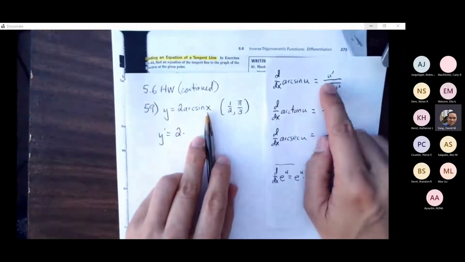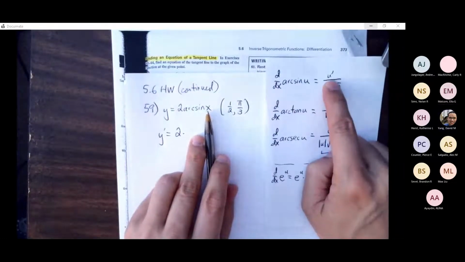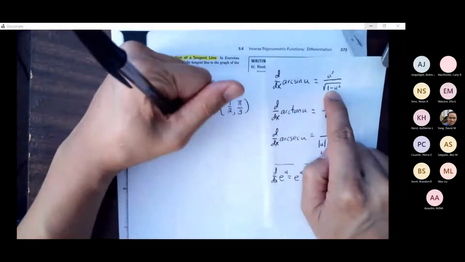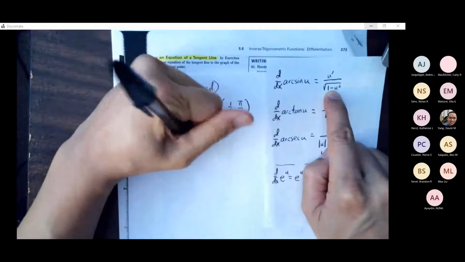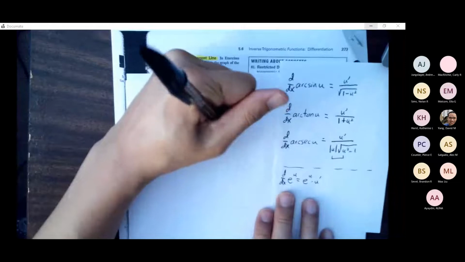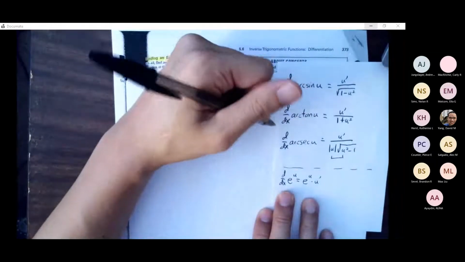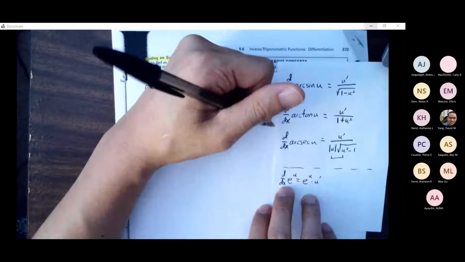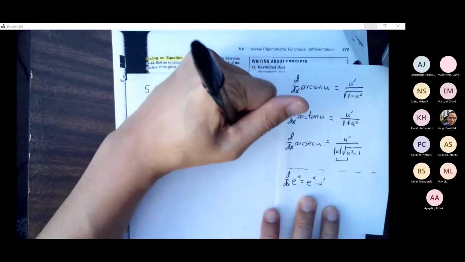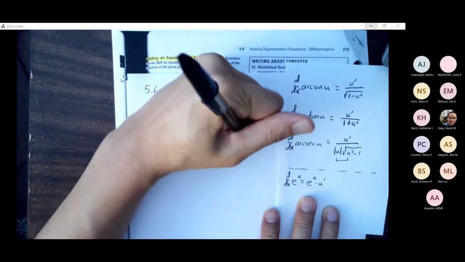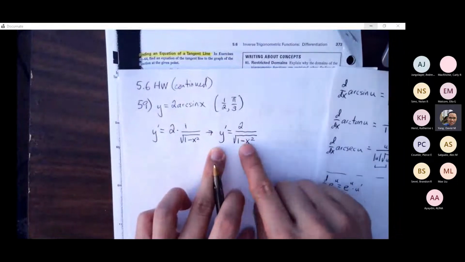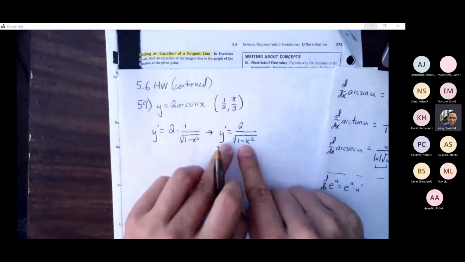My u value is the x, so u prime is just 1 divided by square root of 1 minus x squared. So there's my derivative. From the derivative, I can find the slope. So just insert the x value in.